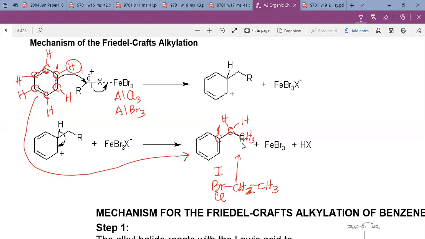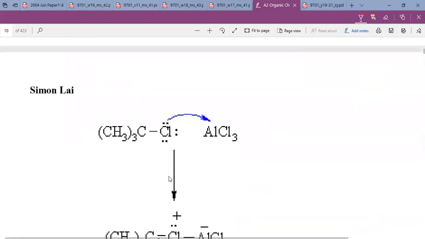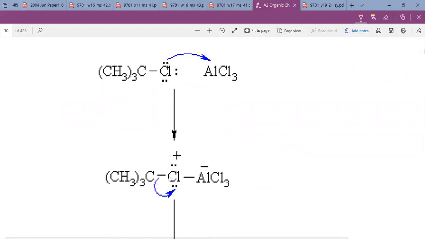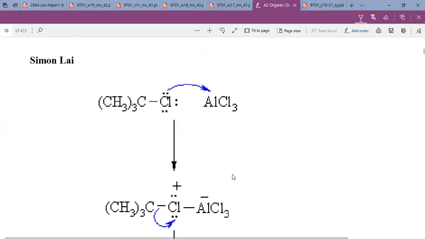Now here they give it like this. Now I show you another way, which is easier. Here they put in all the detail, but you don't need to be so detailed. You can draw it up here: Cl, here is Cl, so you have a dot.